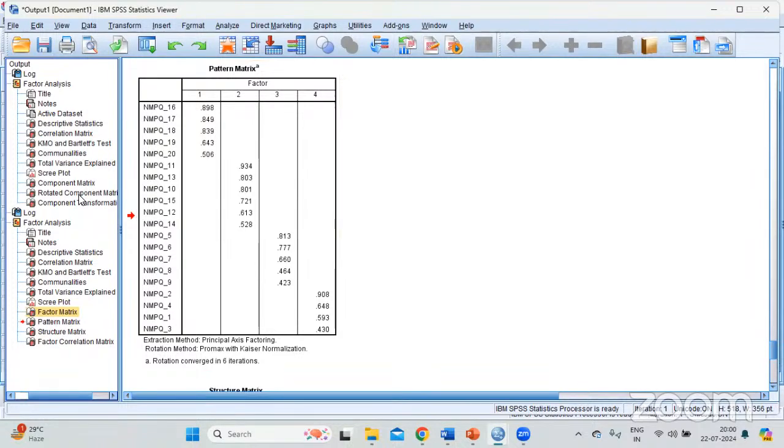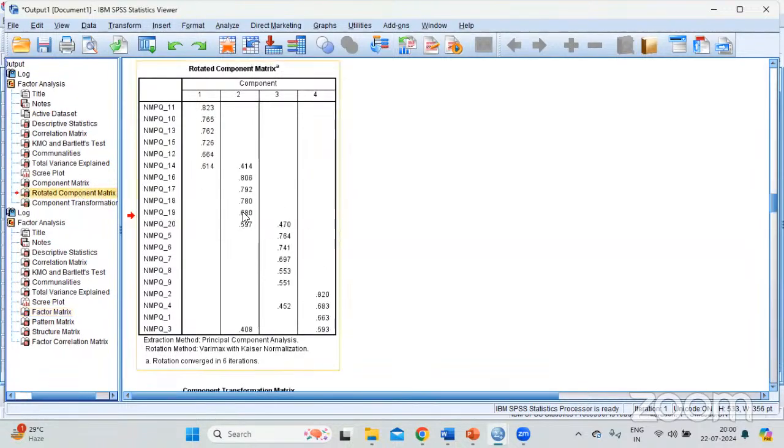So let us compare it with this one here. This is the rotated component matrix for PCA. What we are seeing here is that again the items from 10 to 15 loaded on the first component, explaining 19 point some percent of the total variance. The second component also explains 19 point some variance.